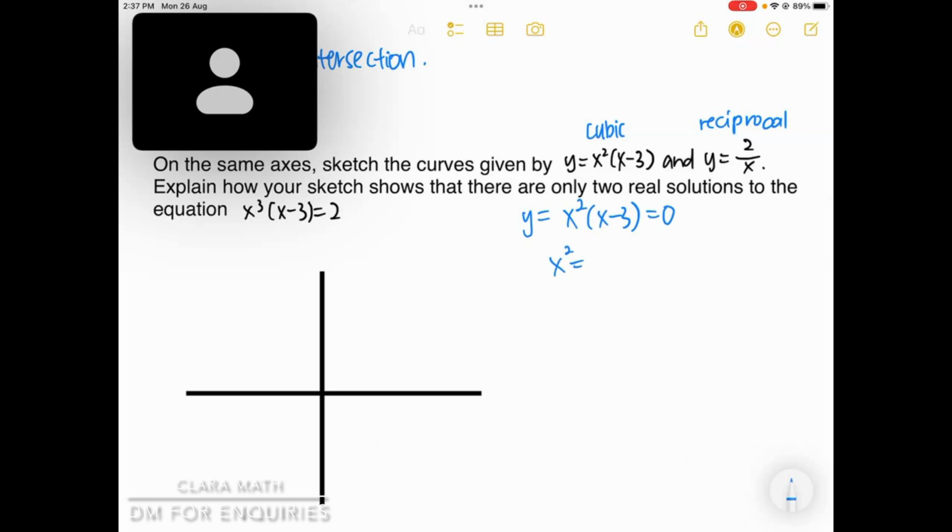So x squared equals 0 and x minus 3 equals 0, so x is 0, x is 3. So I must cut at 0 and 3. Then where else? When x is 0, the y is also 0.